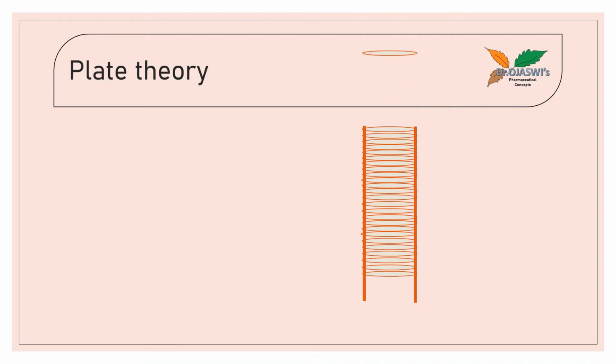Please note that this is completely a hypothetical concept, where we are considering a column fully packed with stationary phase as having different plates. Each layer of the column we are considering as a theoretical plate. There is no actual plate inside the column. This is an imaginary concept.